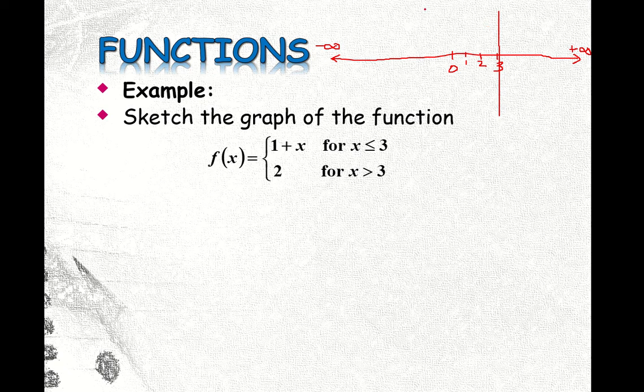So where are these values? They are going to the left, all the values going to the left. And for the second condition, x greater than 3, it means all the values going to the right. These are the values that are greater than 3.